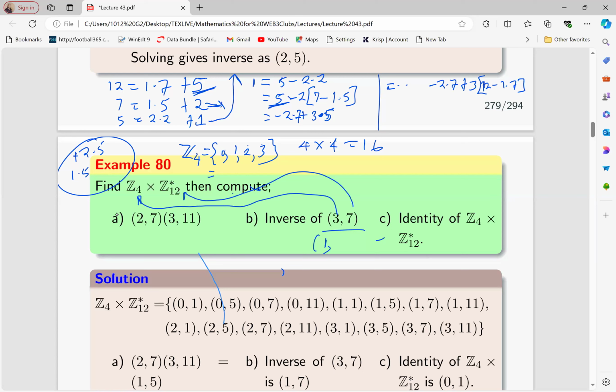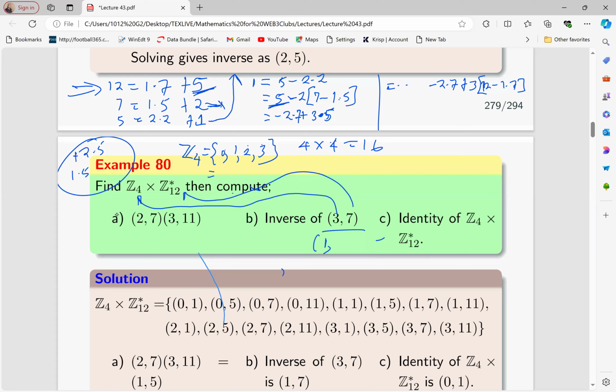Is it? Just referring to this equation. I'm replacing 5 with its equivalent. The equivalent of 5 in that equation is 12 minus 1 multiplied by 7.